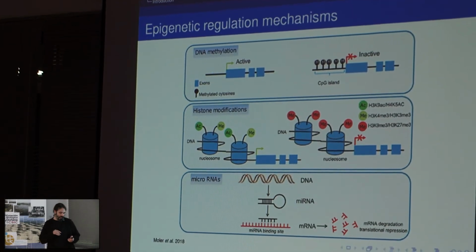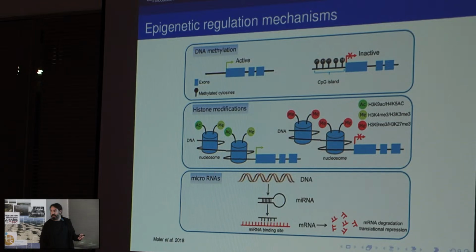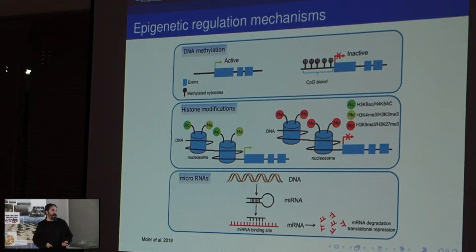We have microRNAs that can eventually have a role in gene expression. We have histone modifications that can contribute also to differences in gene expression, but also in chromatin remodeling. But I'll be focusing on DNA methylation, which is my interest right now.